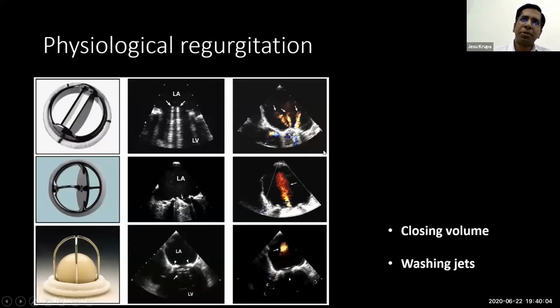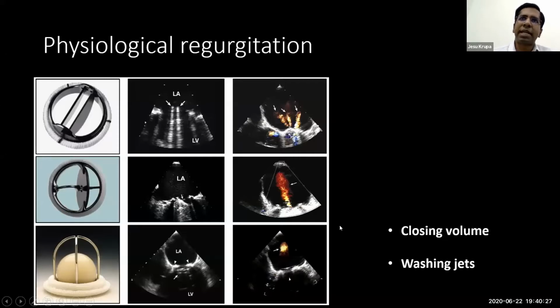It happens for two reasons. One is the valve, as the valve closes, it displaces a certain volume of blood, and that causes a jet. That is number one. Number two is the valve is built in such a way that there is some regurgitation which is allowed, so that blood clots don't form and thrombosis doesn't happen.